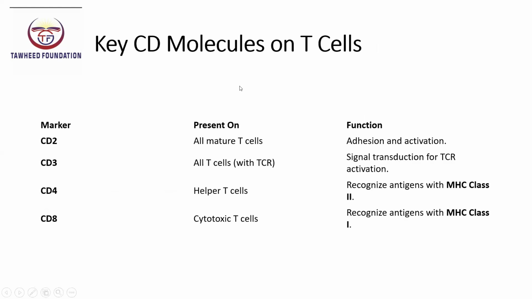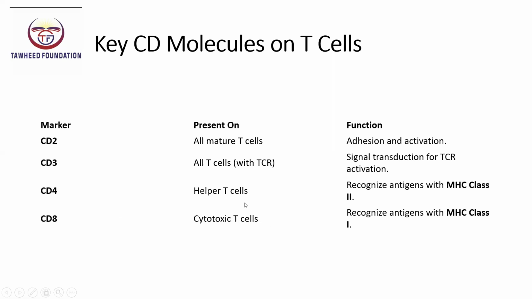Next is key CD molecules on T cells. The key CD markers on T cells include CD2, present on all mature T cells, which mediates adhesion and contributes to activation. CD3, associated with TCR, is critical for signal transduction and initiating T cell activation.